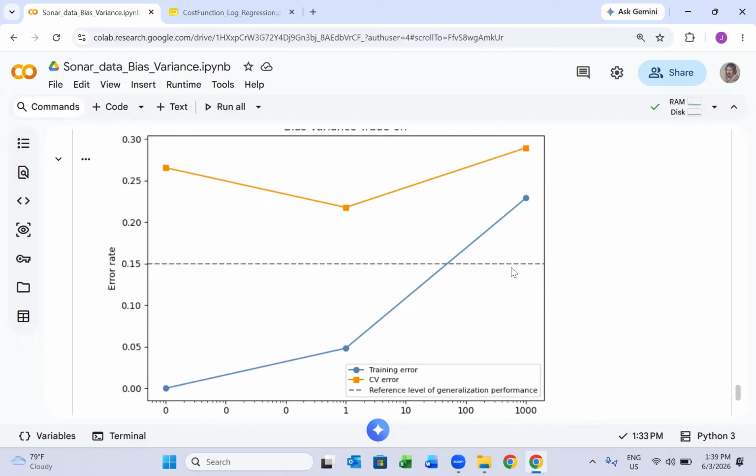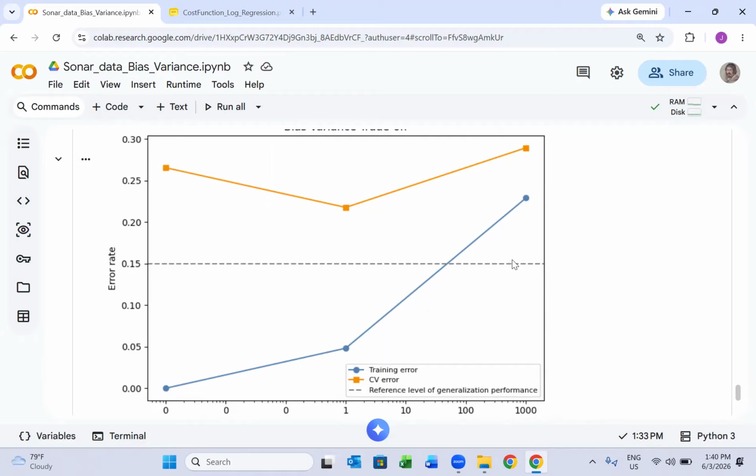What is happening here, guys? Well, notice that both the training performance and the cross-validation performance are worse than the reference performance. So even on the training data, the model does worse than the reference performance. Okay, that is the first sign that this is a high bias situation.